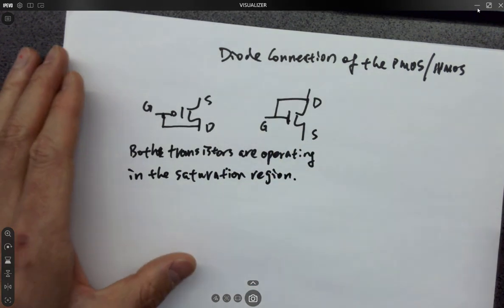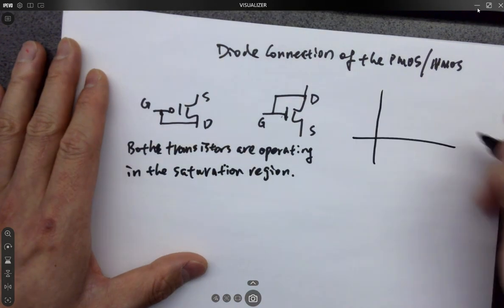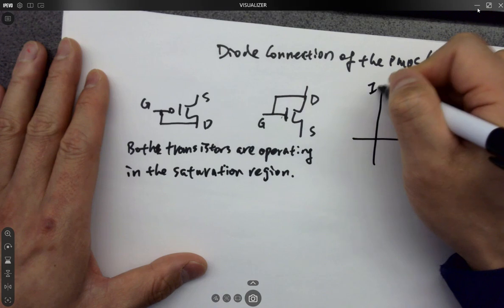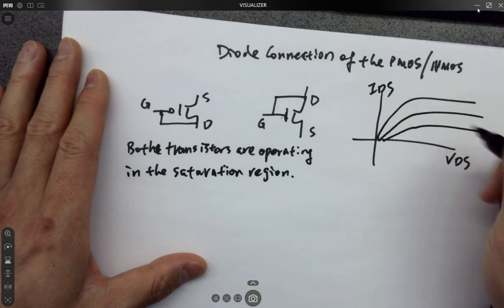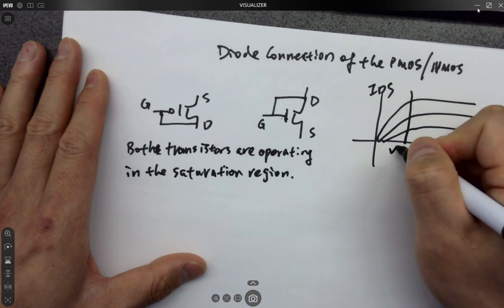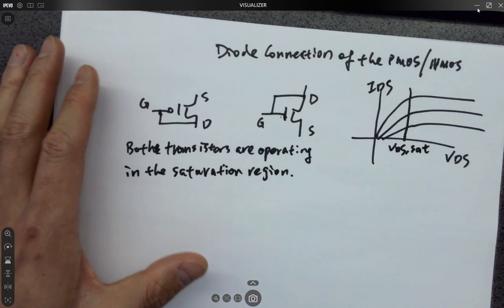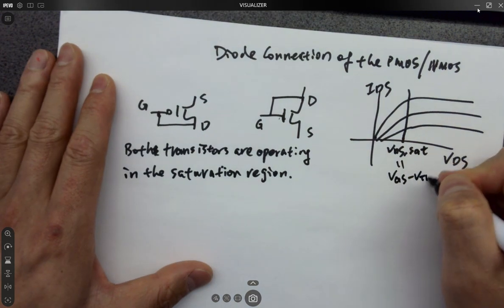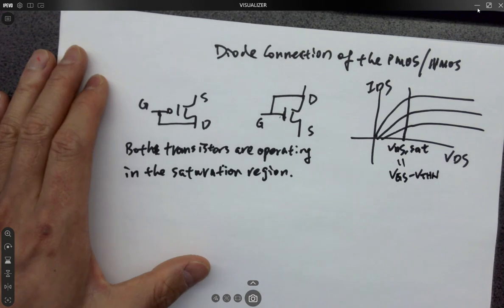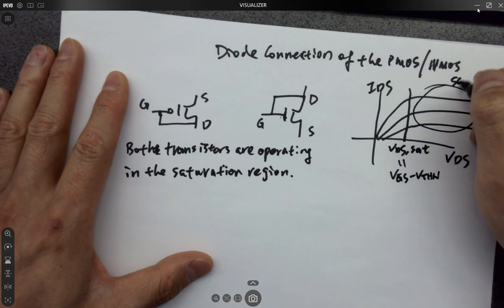And why is that? Let's look at NMOS first. Remember the VDS to IDS curve. Here's VDS set, which is VGS minus VTHN, and this region is saturation.